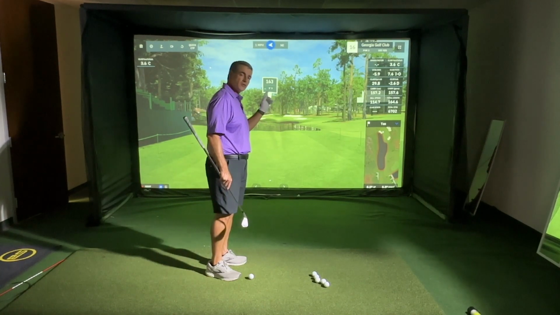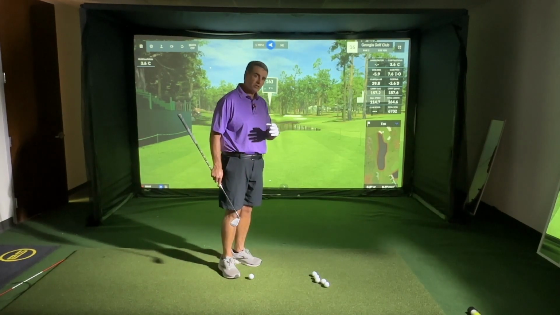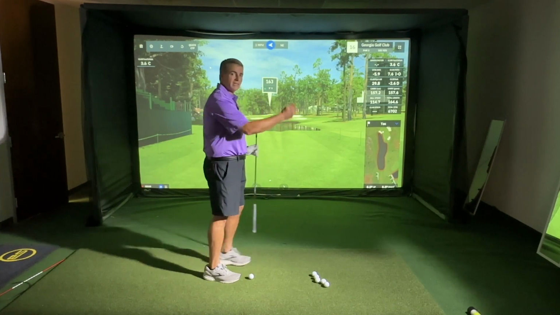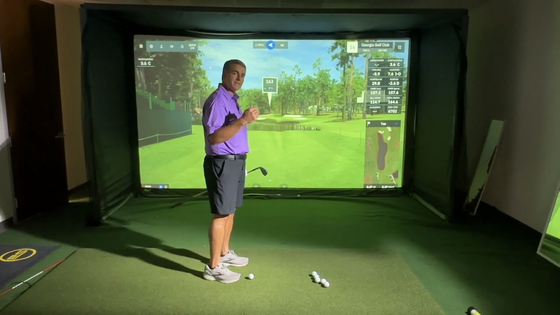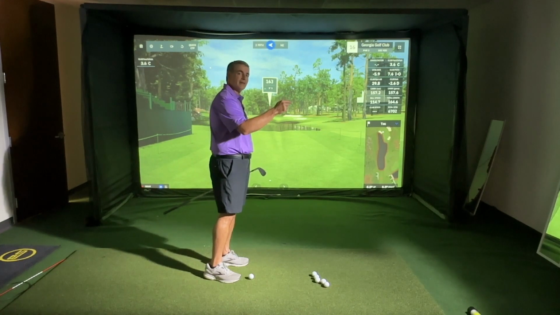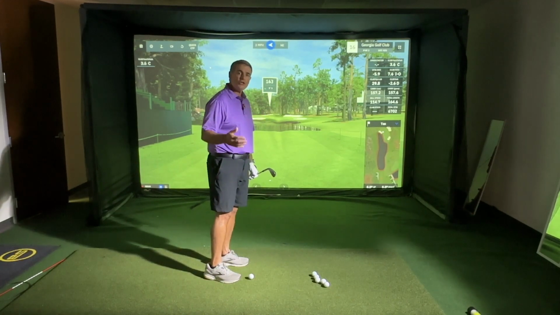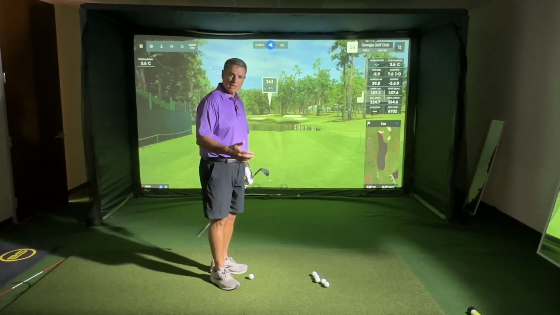When you see the curvature, though, that gives you an idea of what's going on with the path. Okay, so that ball curved right to left. So that means my path was farther right than my club face was. So my face was actually closed to the path. So you can tell that by looking at your golf shots.